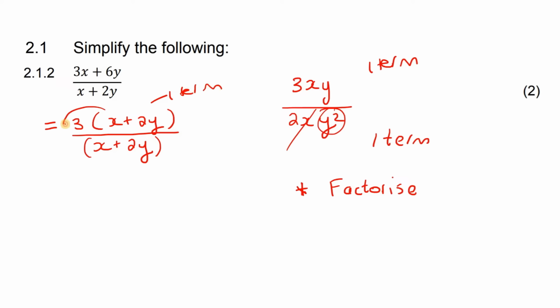Because if you look at the 3, and if you look at this bracket, there is no plus or minus in between them, okay? So you could think of that whole piece as 1 term, and this whole piece is 1 term. So you can now cancel that entire part. So you just cancel it out completely, and then you are literally left with an answer of 3.